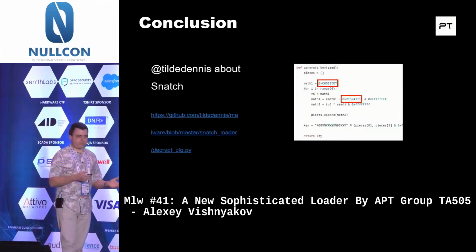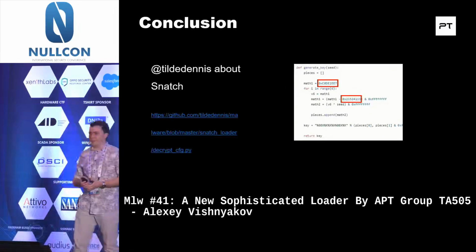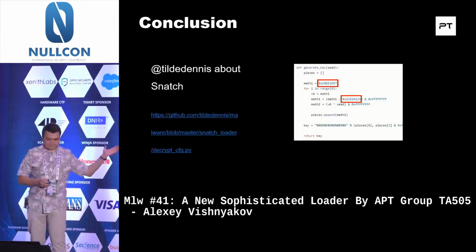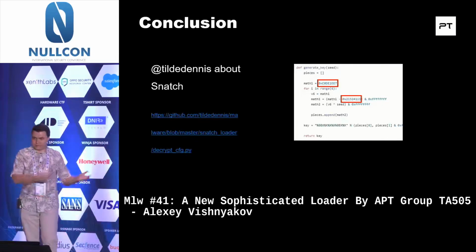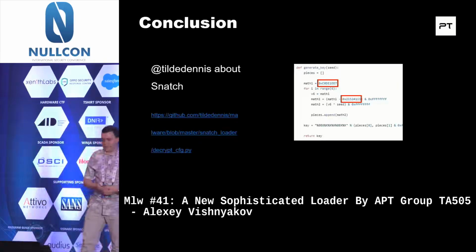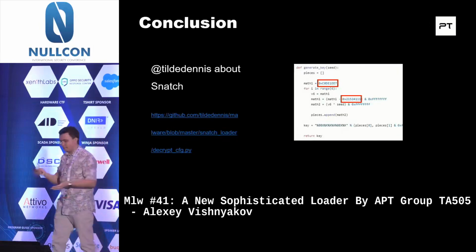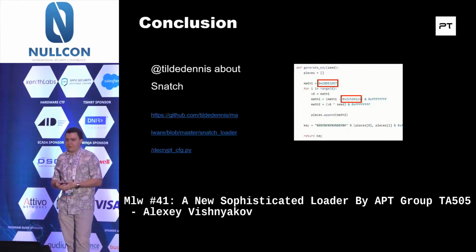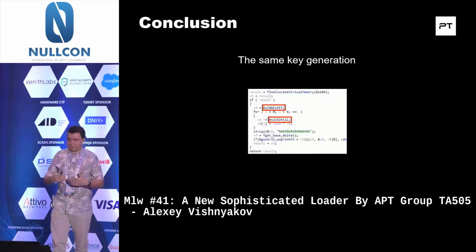You can actually find information related to the old versions of Snatch loader, and we can find such a script on GitHub, a Python script. We see a function, some generateK routine. Based on some interesting values, I can say that our sample contains exactly the same algorithm.